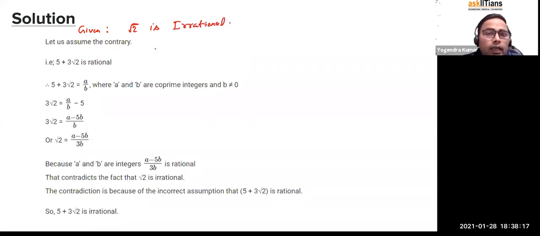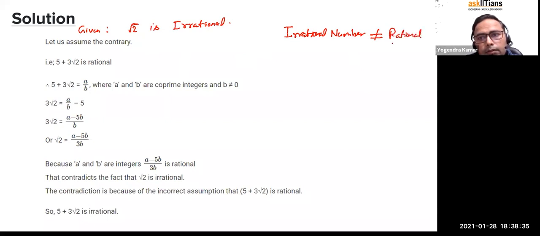And you need to remember one more very important thing: an irrational number will never be equal to a rational number. It is never possible.